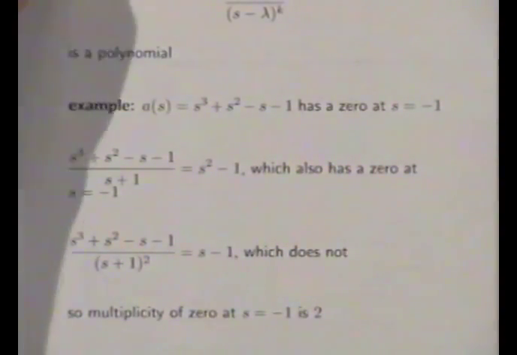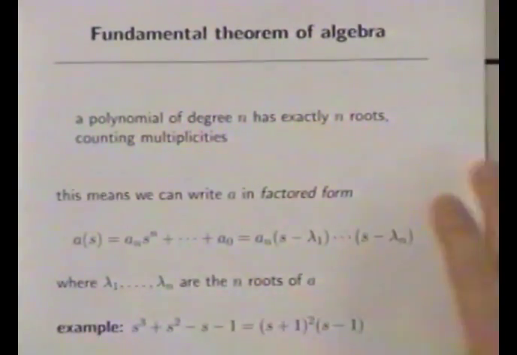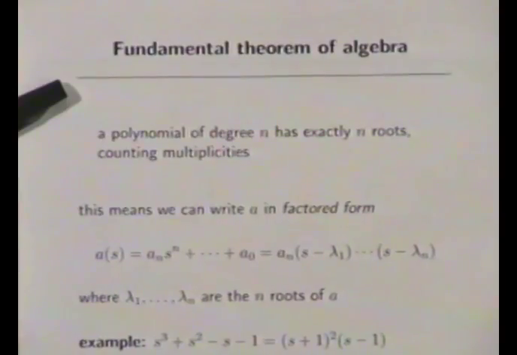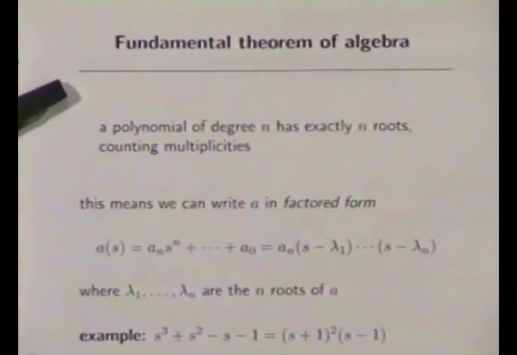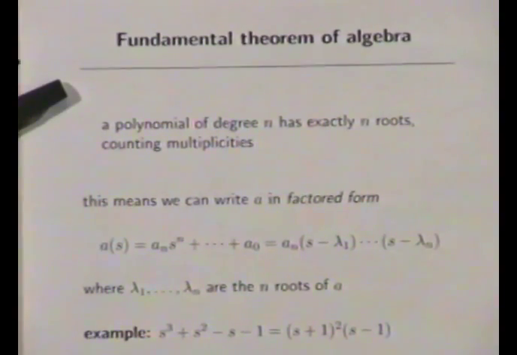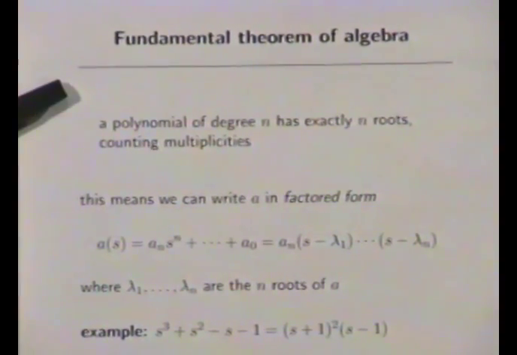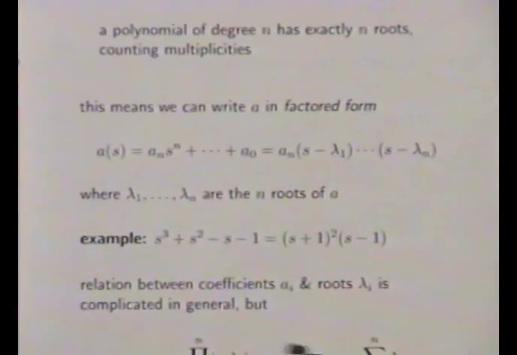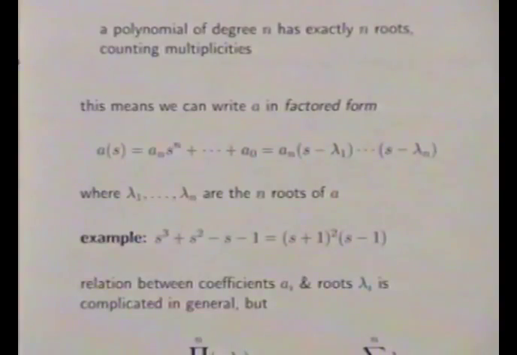The reason is the fundamental theorem of algebra, which says that if you have a polynomial of degree n, it has exactly n roots. But you have to do your accounting just right, which is to say you have to count s minus 1 cubed, for example, as 3 roots at s equals 1. That's what you have to do. Now what this says is that you can factor a polynomial. So if I can write it out.